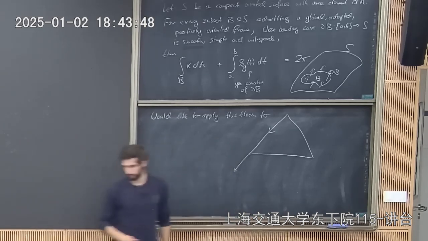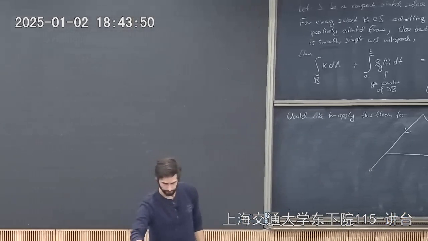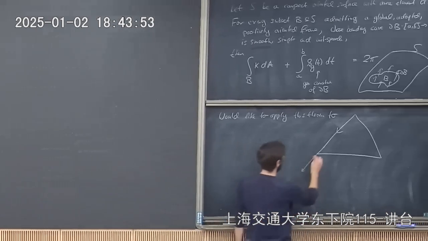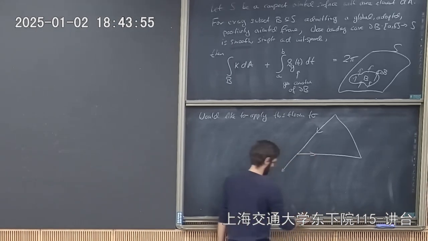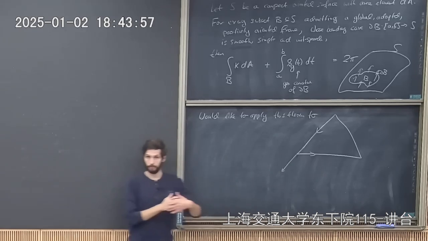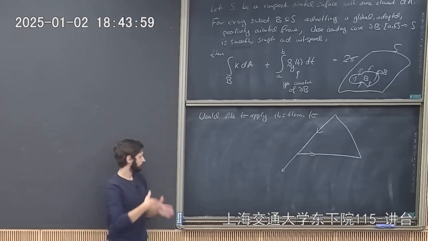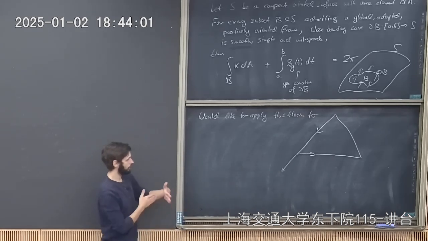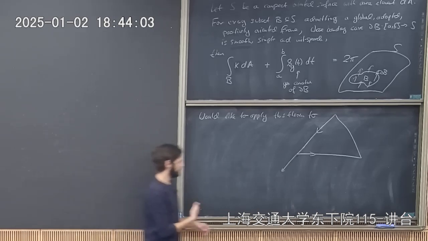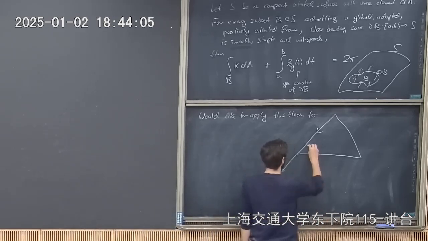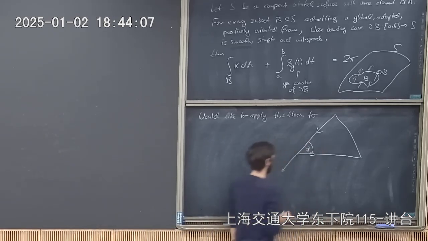So you have a jump of the tangent of the curve by some angle, and that angle is some angle in here.